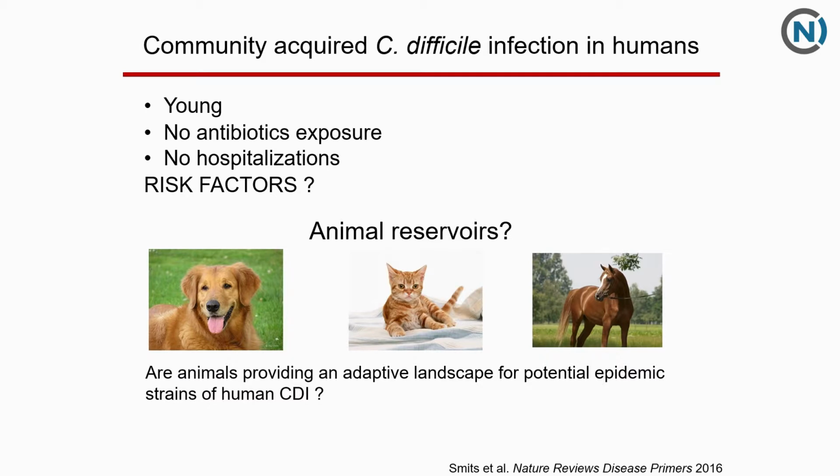And the risk factor for community-acquired C. diff infection is largely not known. And we know animals also carry C. diff. And so are these animals actually providing an adaptive landscape for human C. diff infection? In order to answer that question, we looked at the prevalence of C. diff in animals.